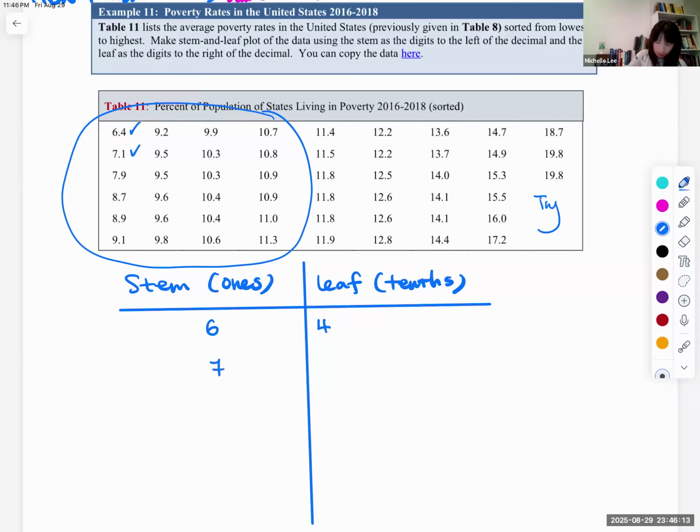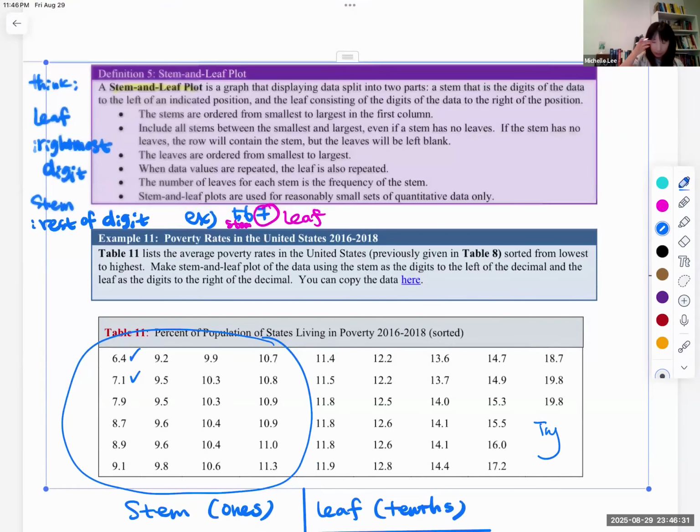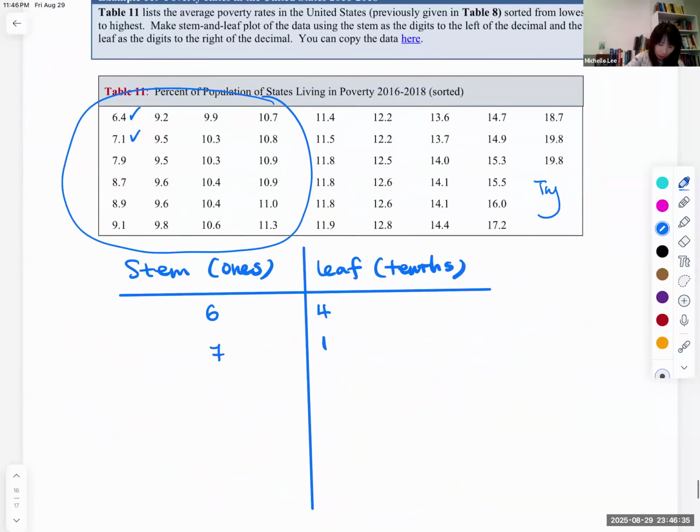Okay, let me write it down this way. I think in my area there's only six, only four. Okay, let's leave it like that then. 7.1 and 7.9. So probably here, 8.7.